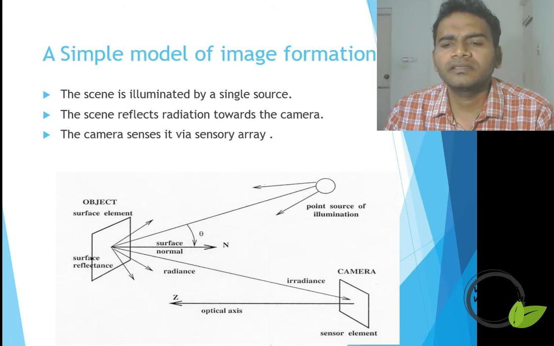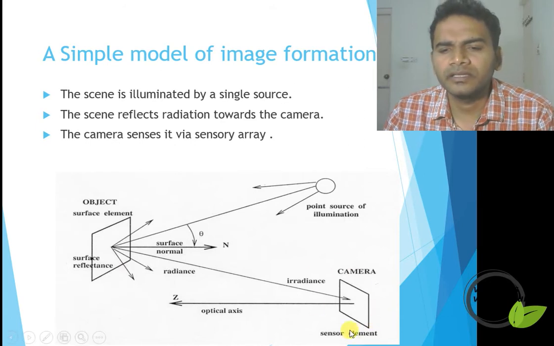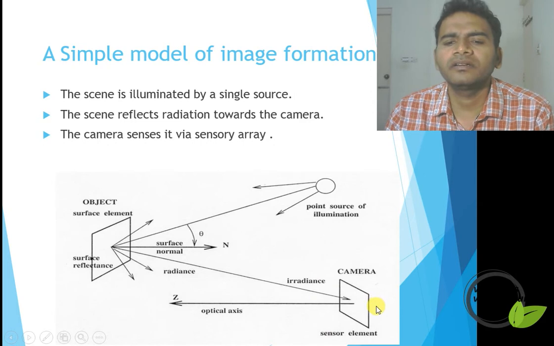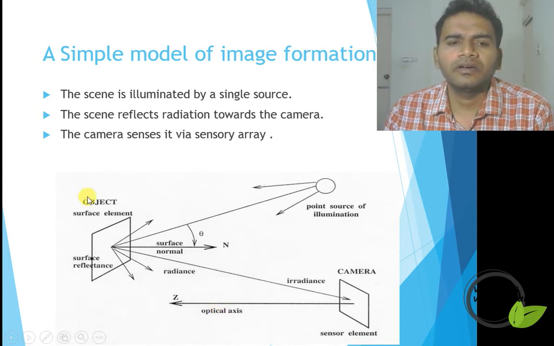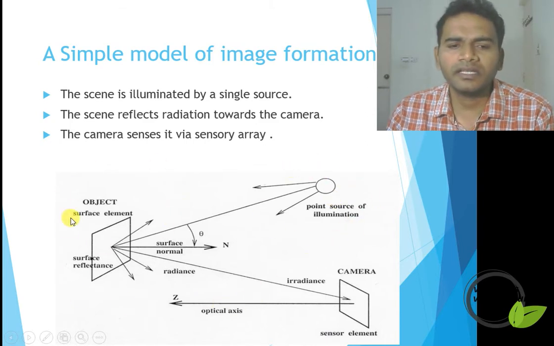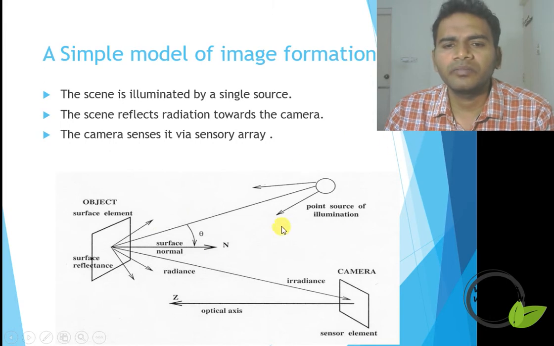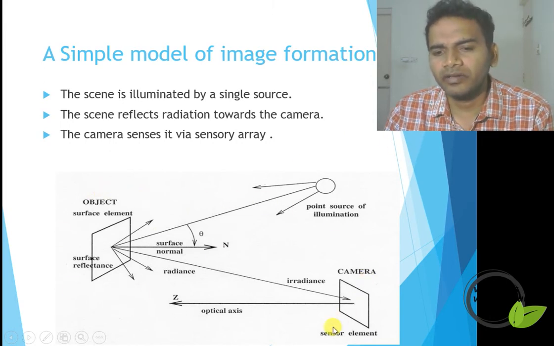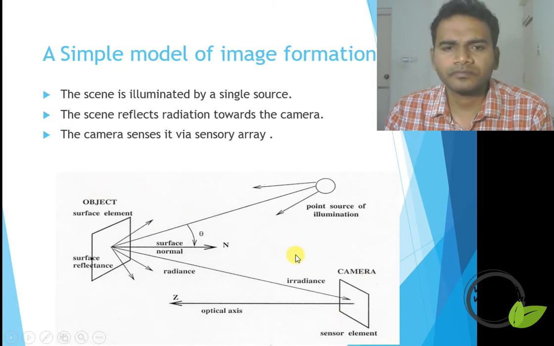This irradiance is captured by the sensory element, and the sensory element will focus this onto your optical axis for capturing the image and further processing. If you check the entire process, the primary thing is your illumination, then your reflectance. The better the illumination, the better the reflectance, and the better the image that is captured.